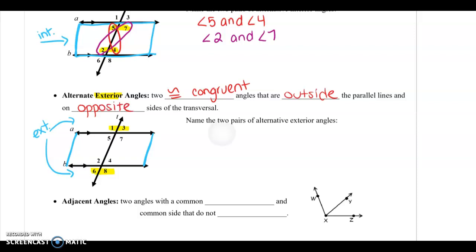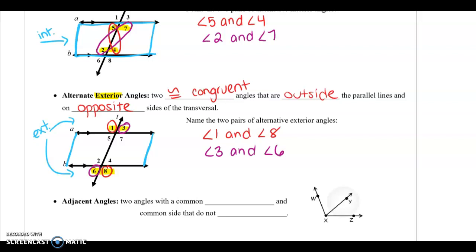A pair would be 1 and 8. Angles 1 and 8 are both on the outside and on opposite sides of that T line. Another pair would be 3 and 6.